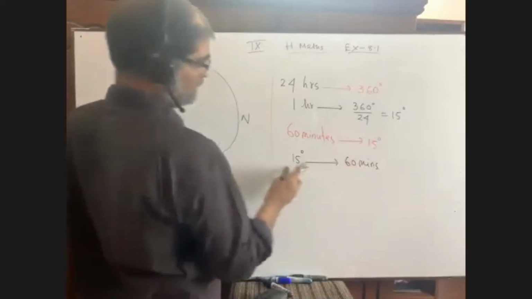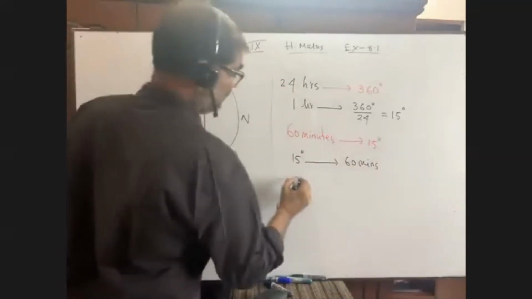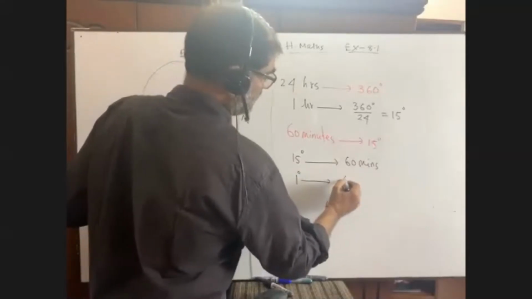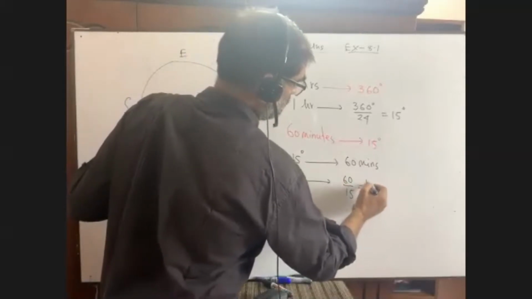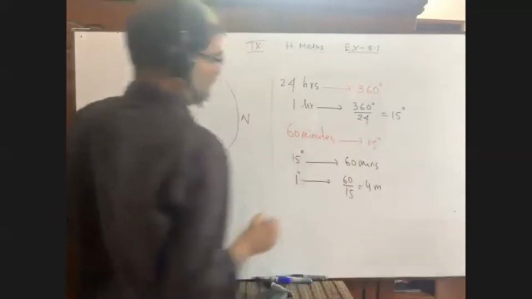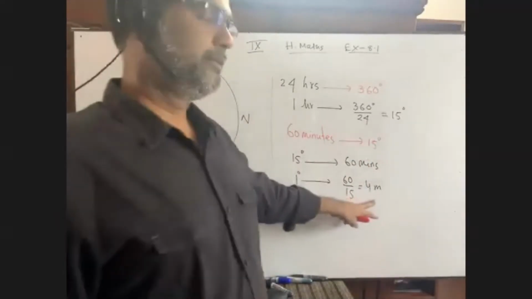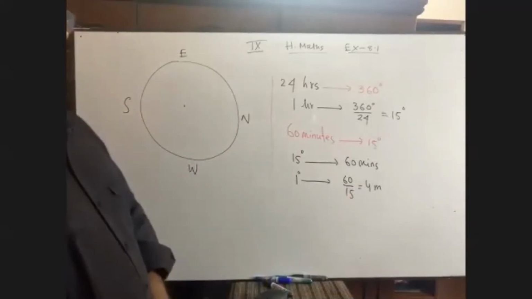This is timing, this is angle. So 1 degree is rotated by the Earth in 60 divided by 15 equals 4 minutes. That is, the Earth takes only 4 minutes to rotate an angle of 1 degree. Okay?